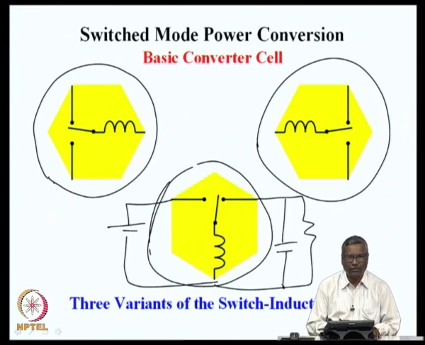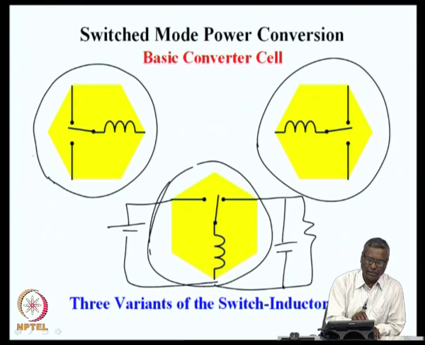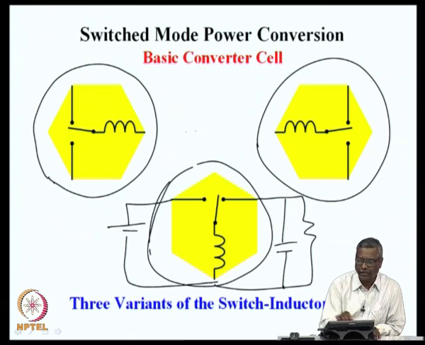So, there are several variations of this switch cell. The one with the poles on the left hand side, the throws on the right hand side and the inductor on the load side; the inductor on the source side and the throws of the switch on the load side; and then the third one that I had shown here.